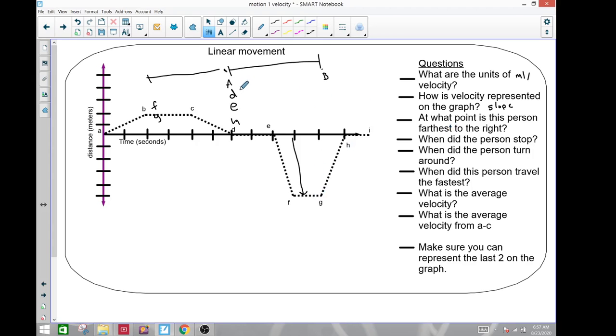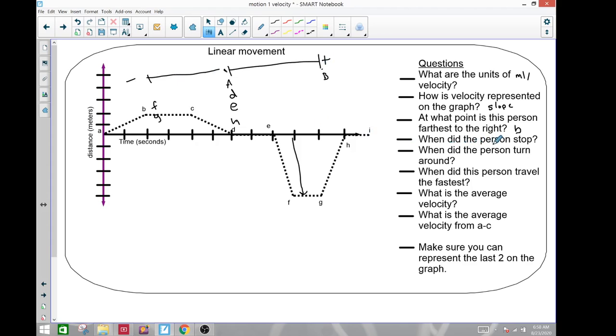If they're saying to the right, it would be B, this time frame here. If they're saying just net distance farthest away, then it could be F. So to the right, I guess B would be our answer. This would be right, this would be left.